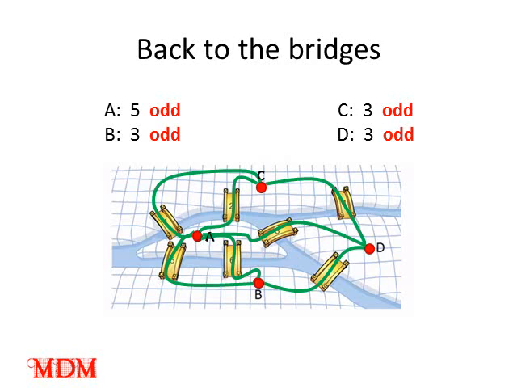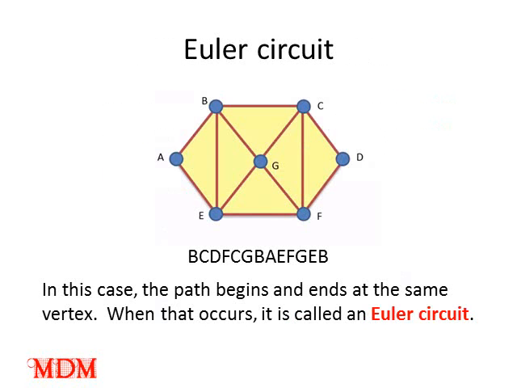Now, we're not actually going to prove this, we're just going to use Euler's theorem. Because we know that all 4 are odd, that does not meet the condition that all of them are even, or the other condition being that exactly 2 are odd and the rest are even. So we know that it is impossible.